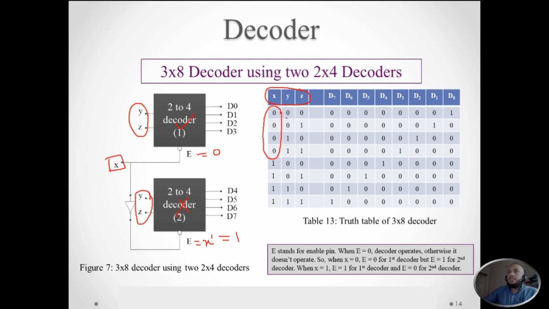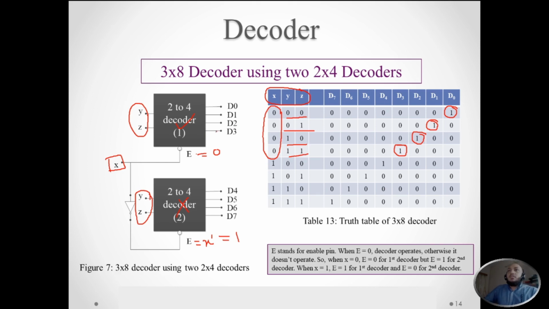That means whenever YZ are 0 0, we will get D0 as 1. When YZ are 0 1, we will get D1 as 1. For 1 0, we will get D2 as 1. For 1 1, we will get D3 as 1.